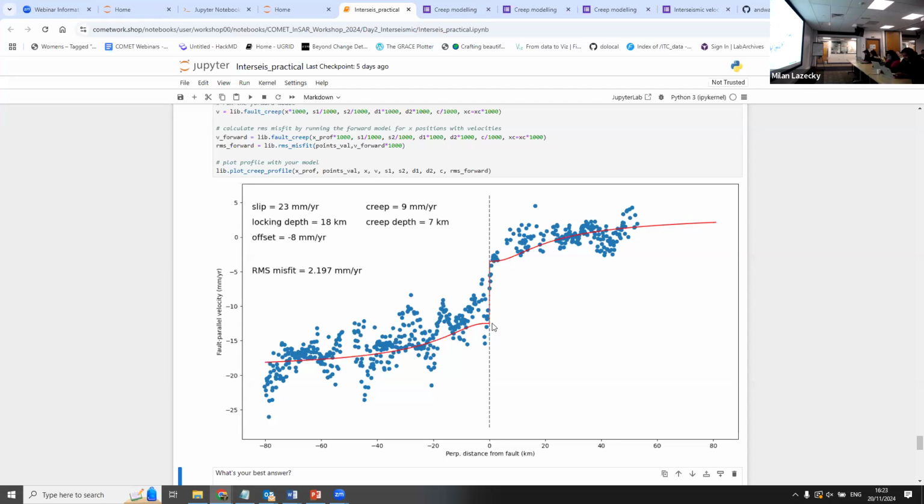Another question is that there is a lot of empty data along the fault, on the north side, with a lot of missing values. If there are missing data in the profile, it will cause some problems.